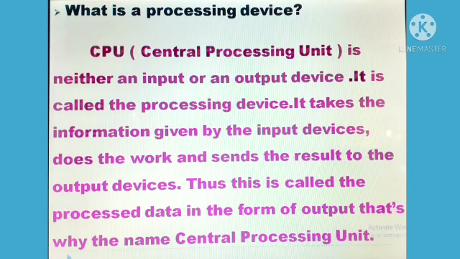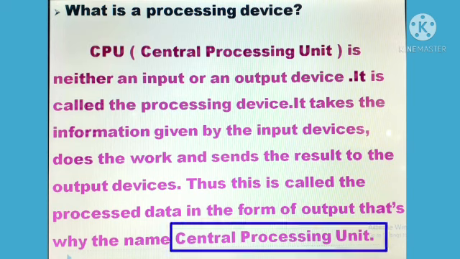It takes the information given by the input devices, does the work and sends the result to the output devices. This is called the processed data in the form of output. That's why the name comes Central Processing Unit.